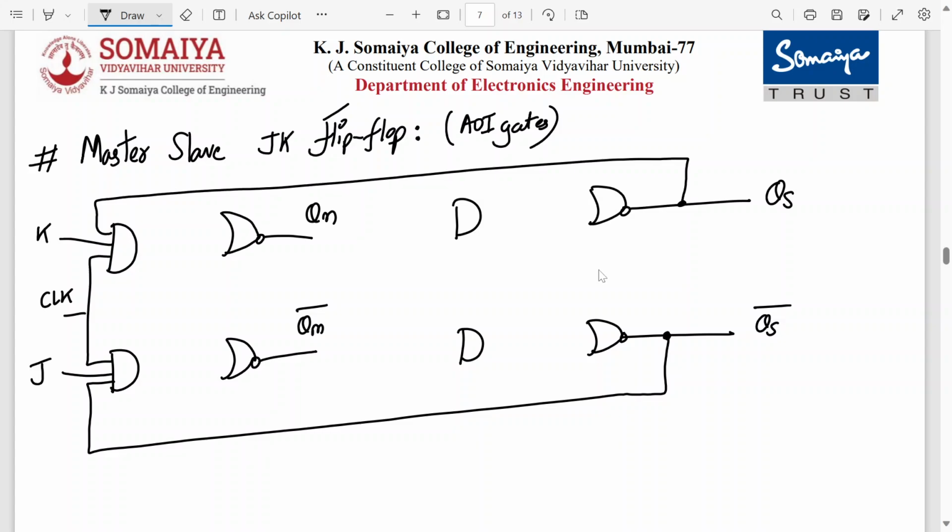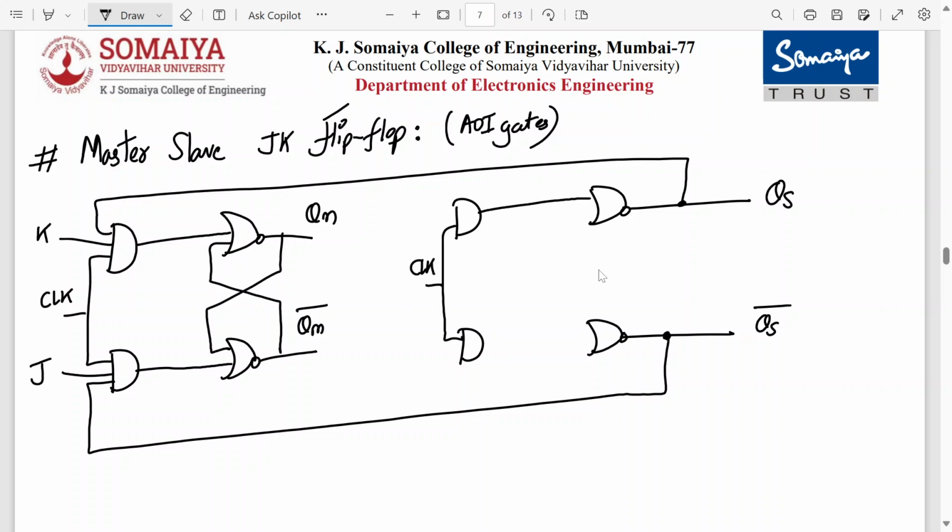Please draw the diagram also along with the string. Okay, and then we have a cross coupled case at the output. This is one. The second also you draw it. This is clock.